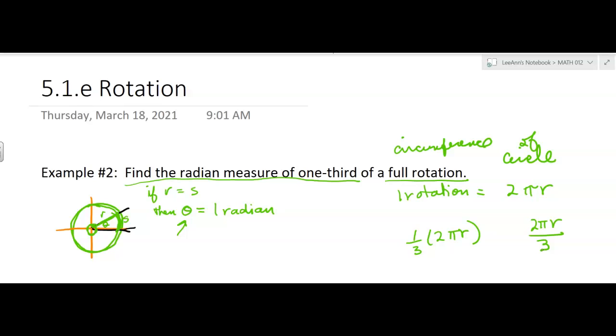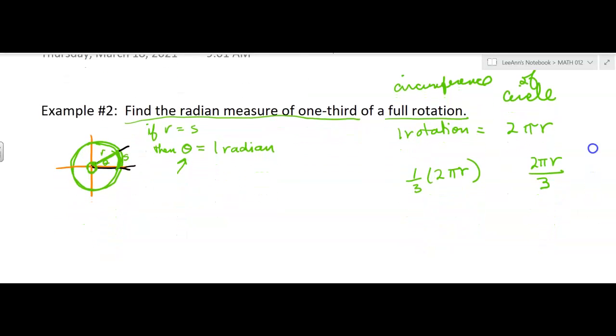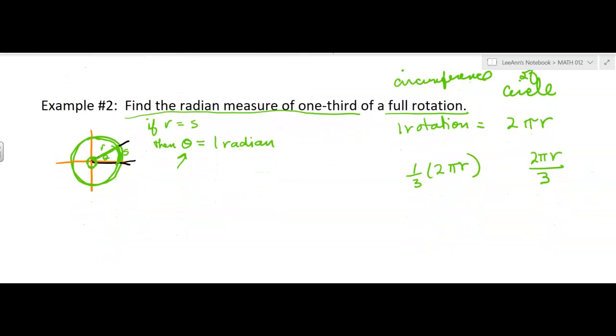But now they want us to find the radian measure. Okay? So what we're going to have to do is take that length and divide it by r. So we're going to have 2 pi r over 3 r.